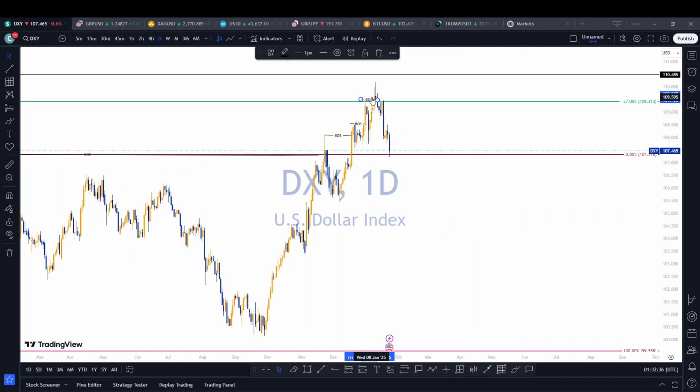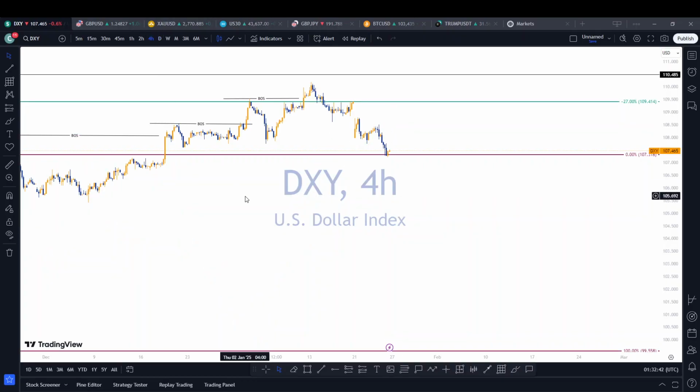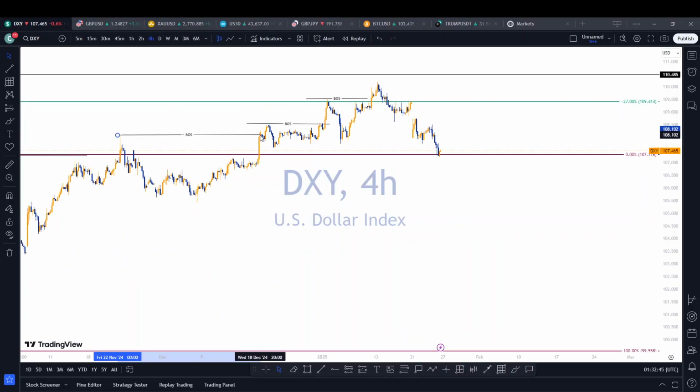Then that's the last one we had around the negative 27% level. So now go to a smaller time frame and refine what I had previously.